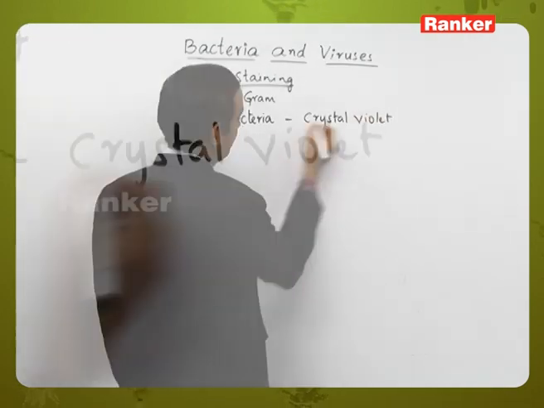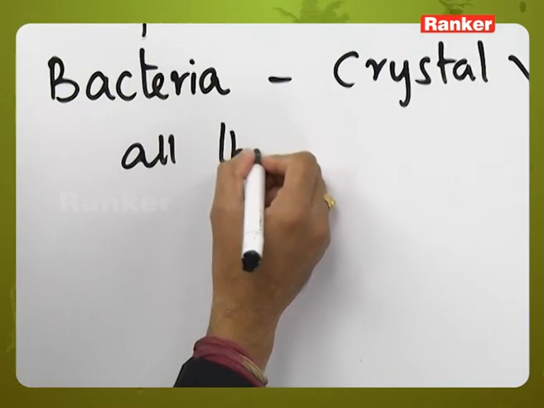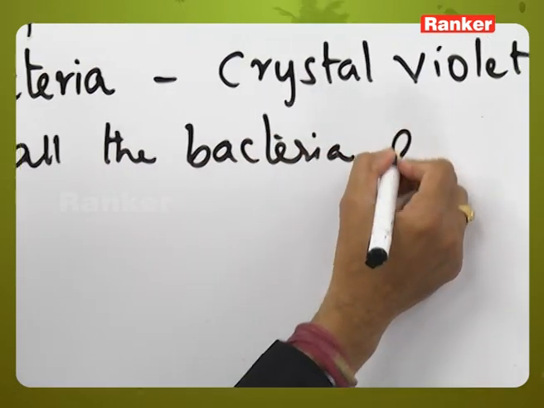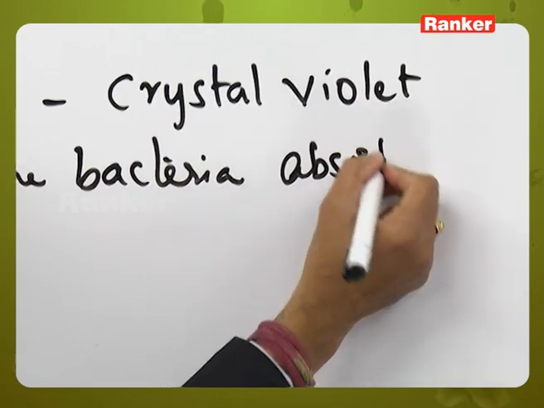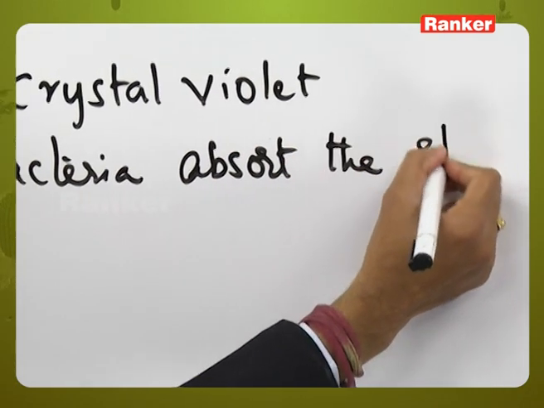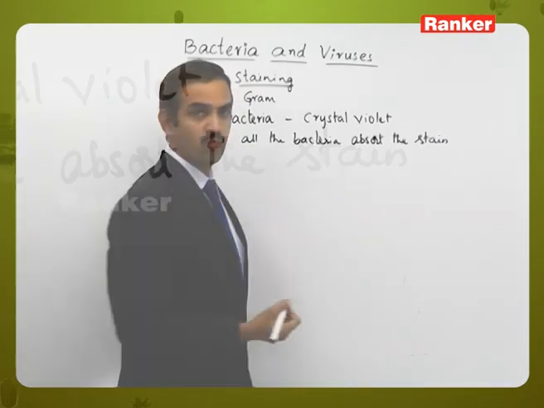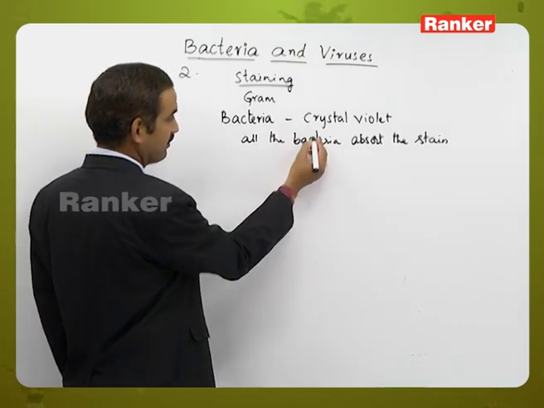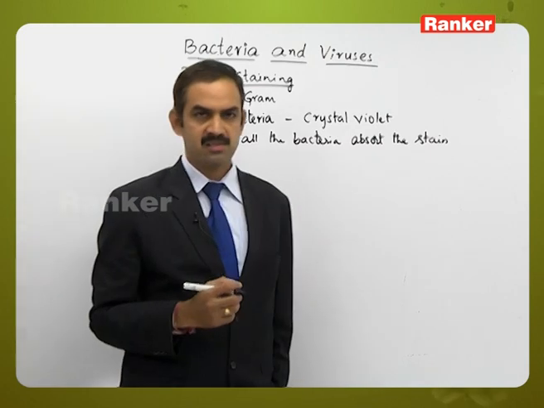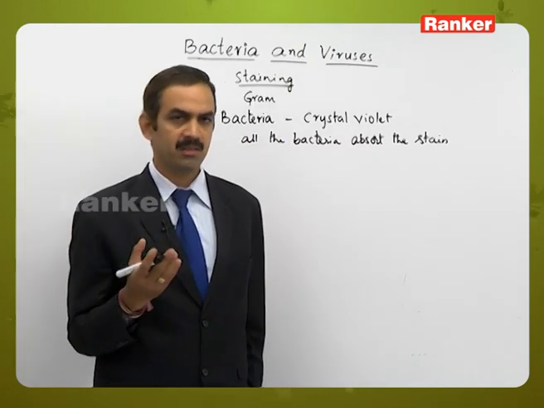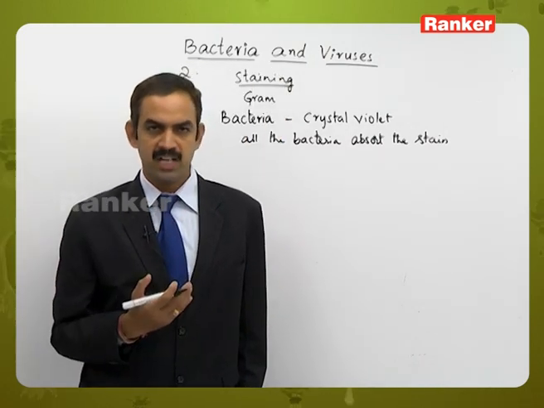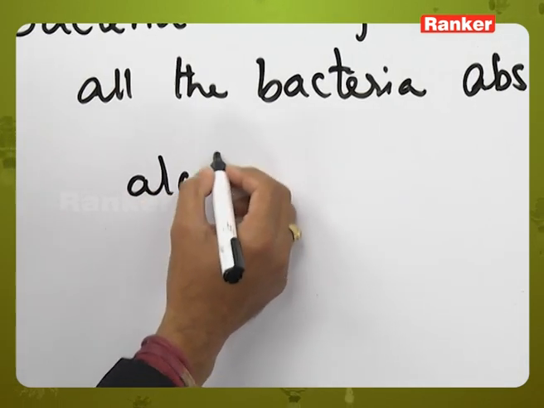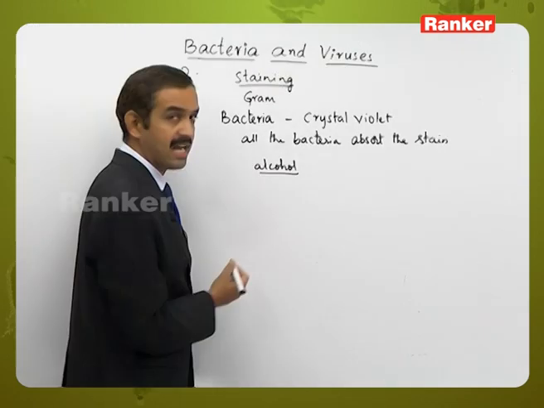such that all the bacteria will take up or absorb the stain in the form of crystal violet. And when the bacteria are kept in crystal violet, as I said, all the bacteria will take up the stain, and after that it has to be treated with alcohol or acetone.